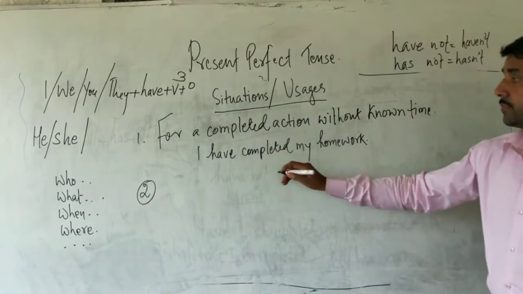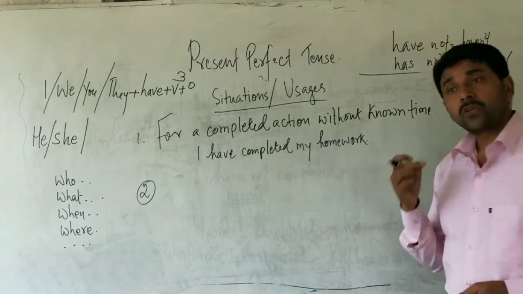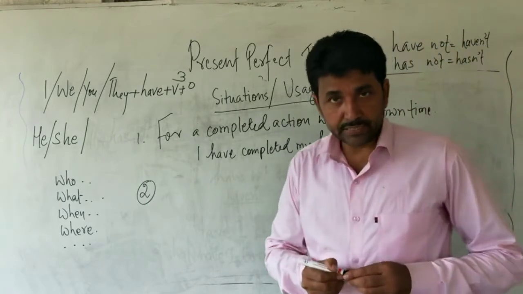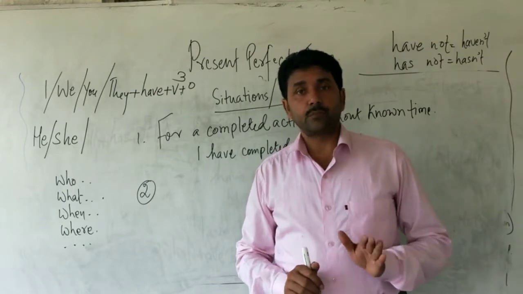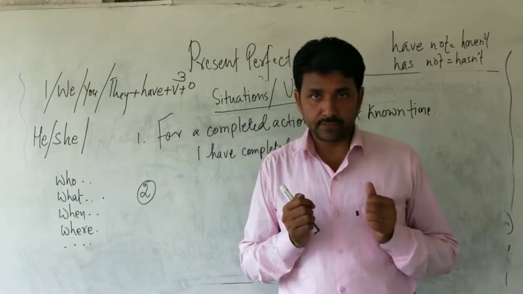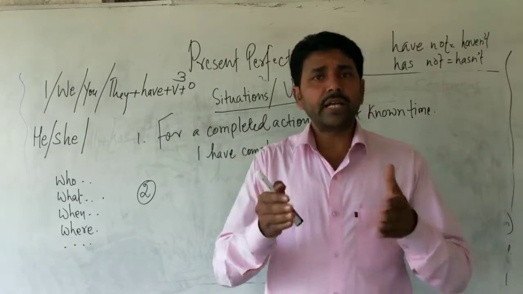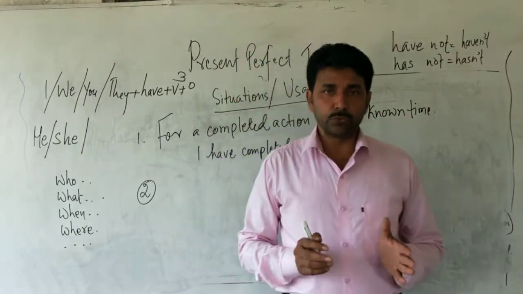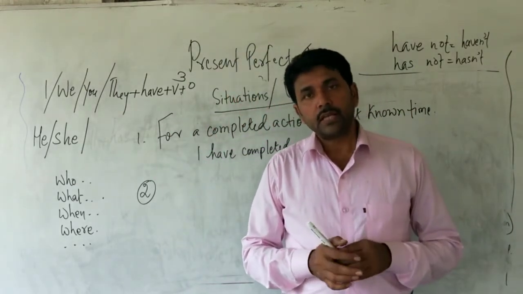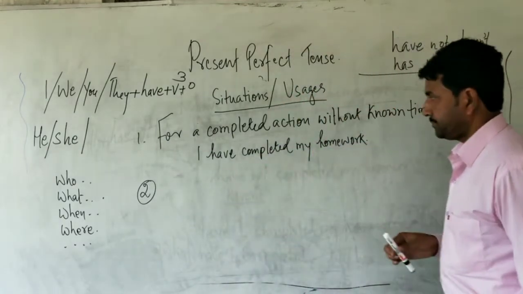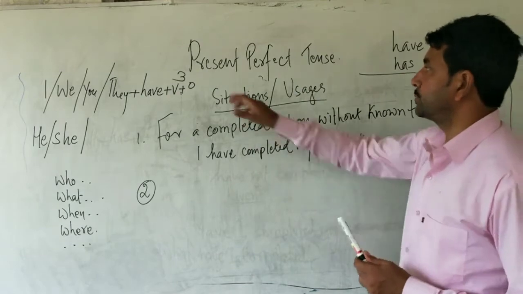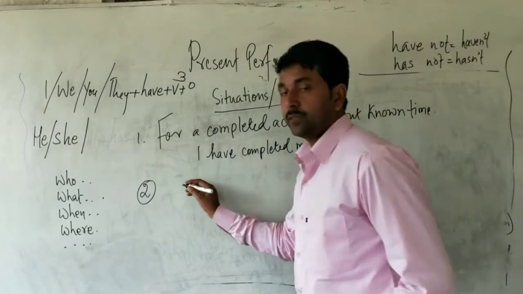In the second situation, when you have experienced anything in your life until now. For example, if you have done anything, or anything has happened with you in your life until now, we can use present perfect tense in such situations.